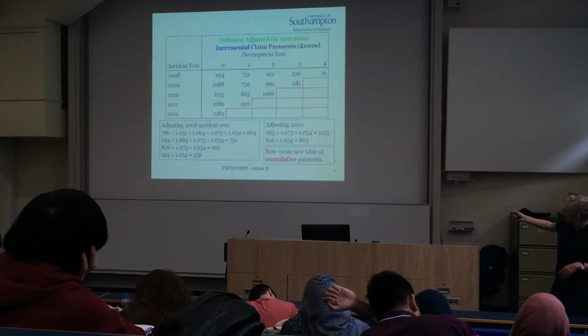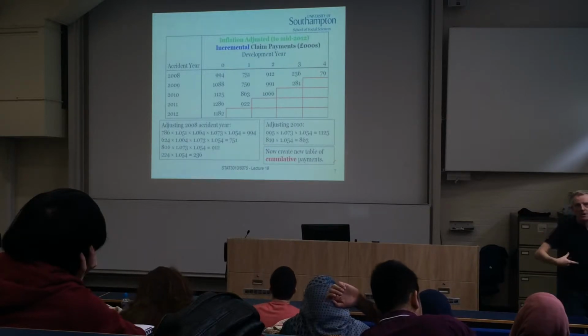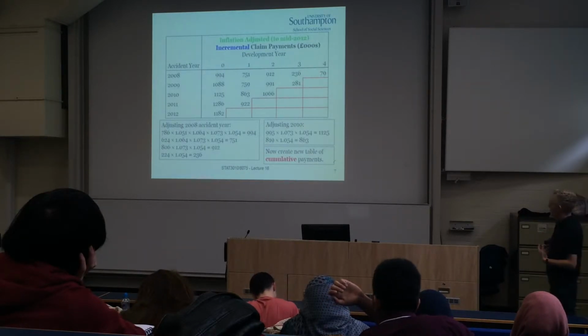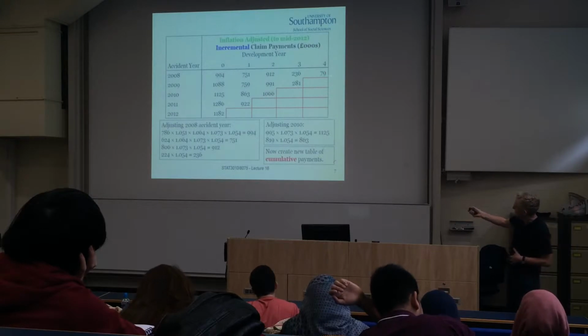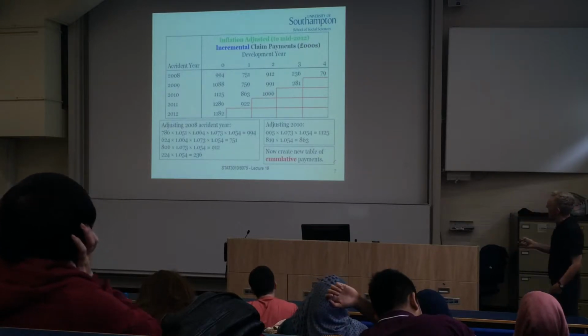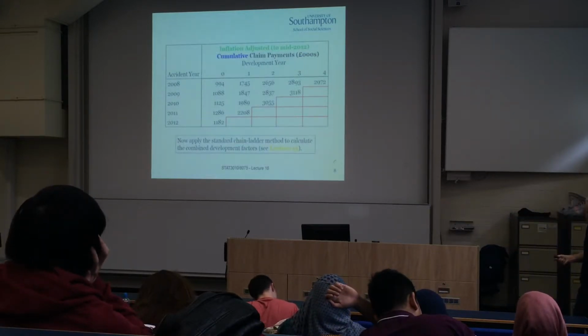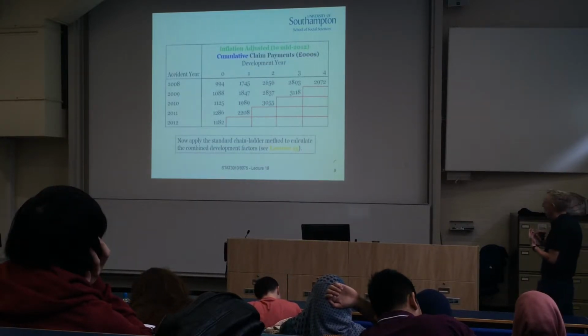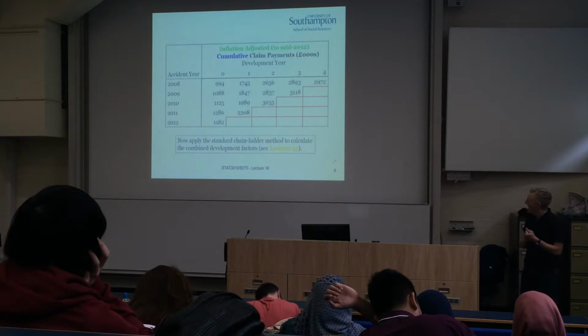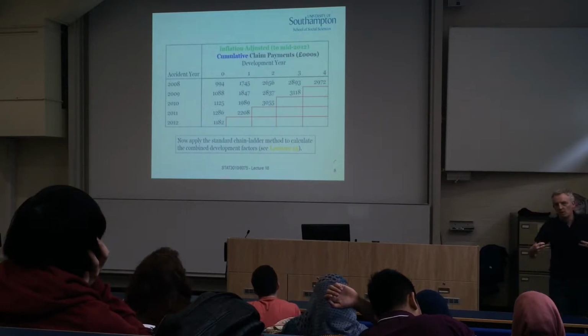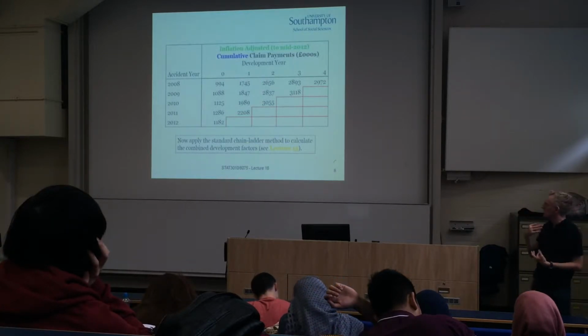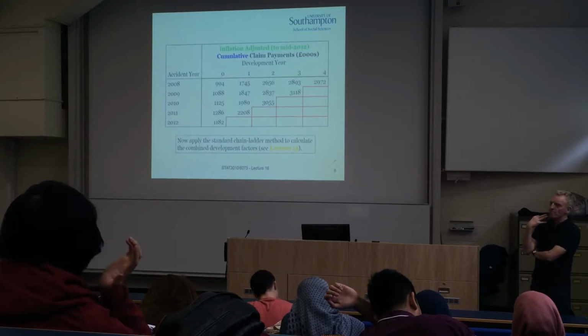This one here, we'd just be adding up all of the numbers on that first row to give the cumulative total payments for development year 4 corresponding to accidents in 2008. So we get back to a table of cumulative payments where now these cumulative totals have all been adjusted for past inflation.